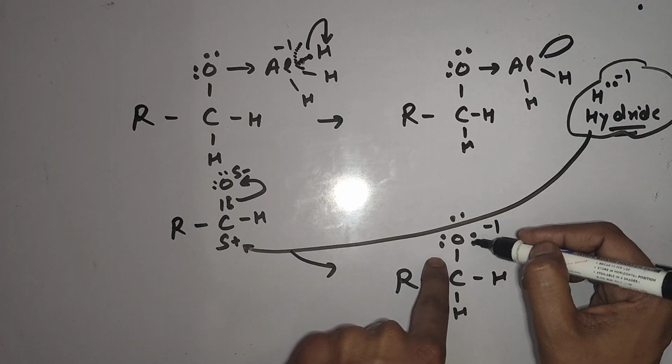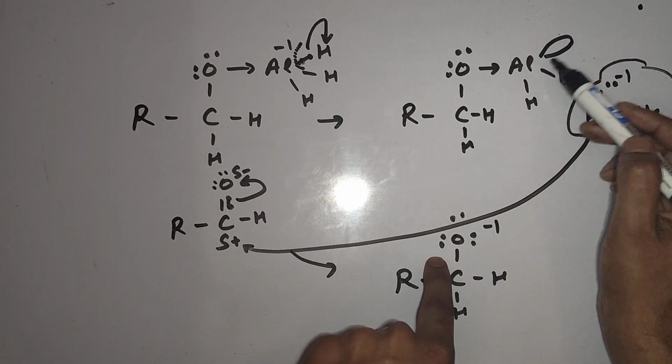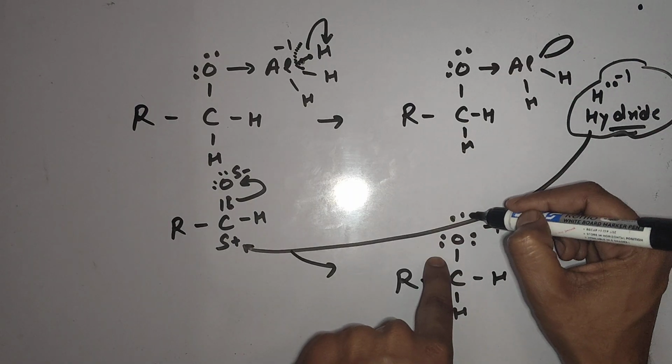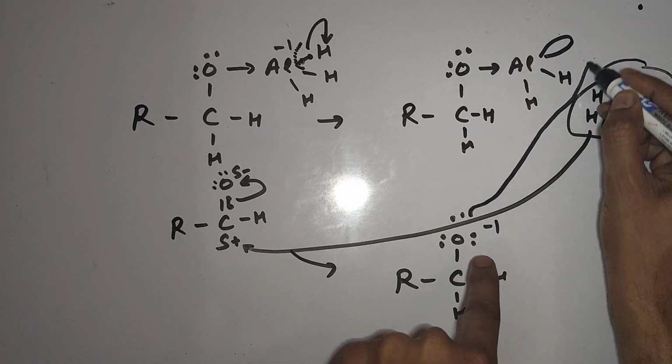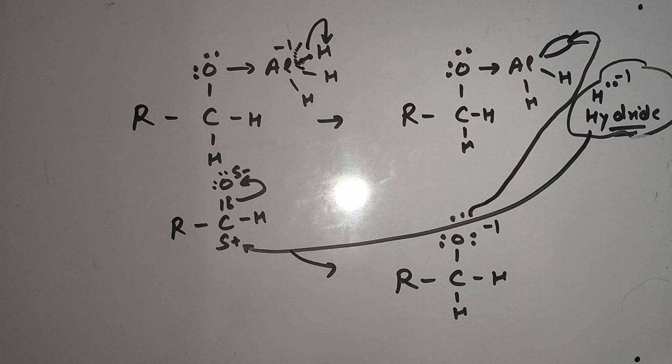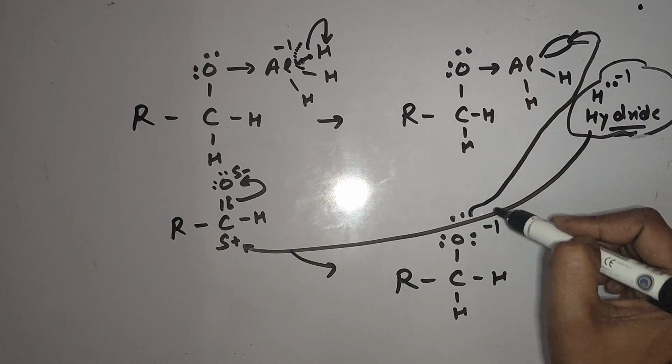Now what will it do? Same. A vacant orbital is there. Still we have a vacant orbital. Again the second oxygen negative particle will make a dative bond with aluminium. So now aluminium will be surrounded by two such particles.